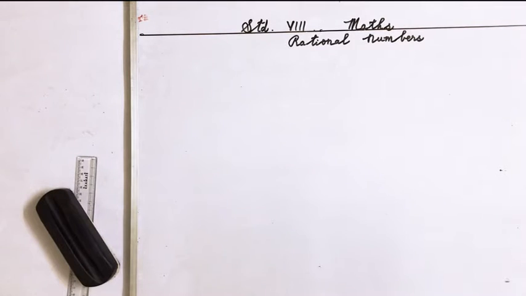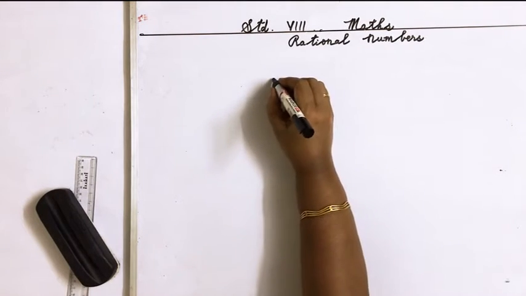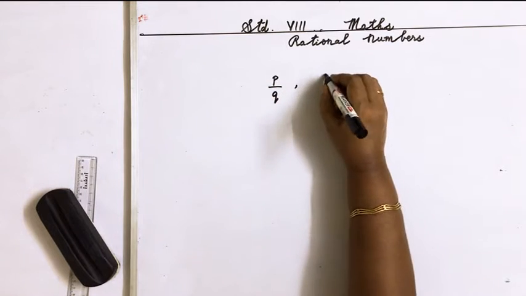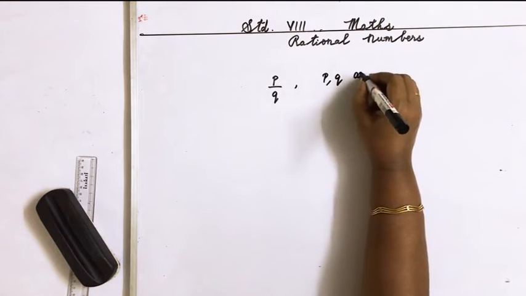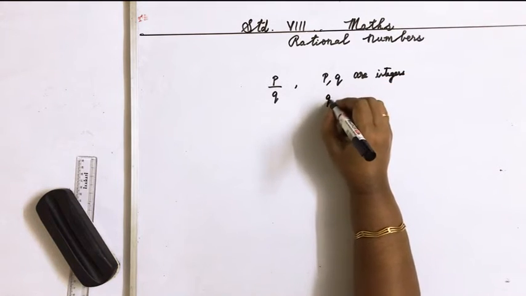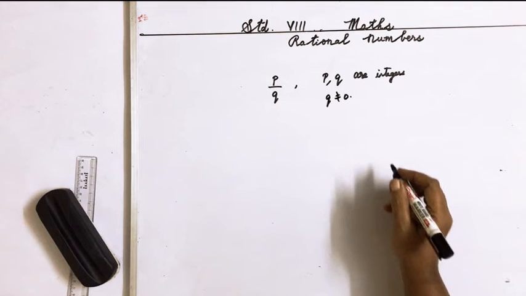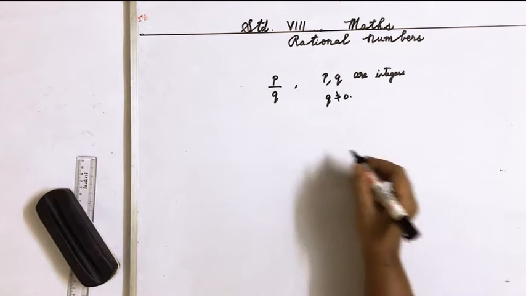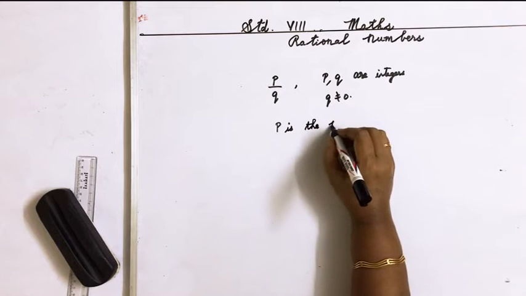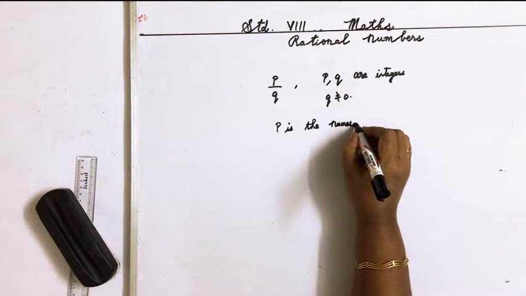Now, what are rational numbers? Any number that is written in the form of P by Q, where P and Q are integers and Q is not equal to 0, is called a rational number. Here P is the numerator and Q is the denominator.